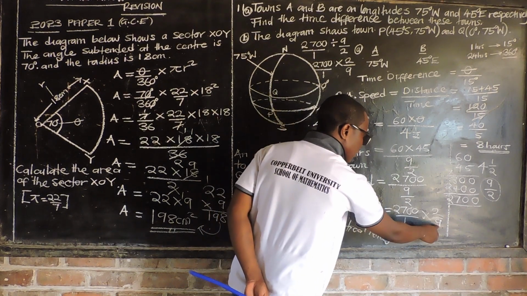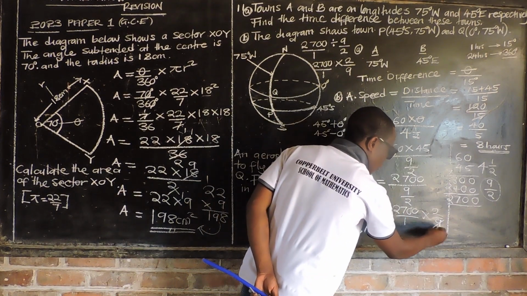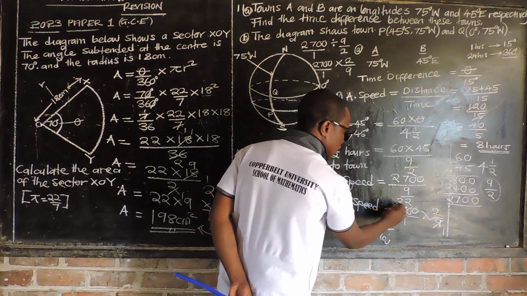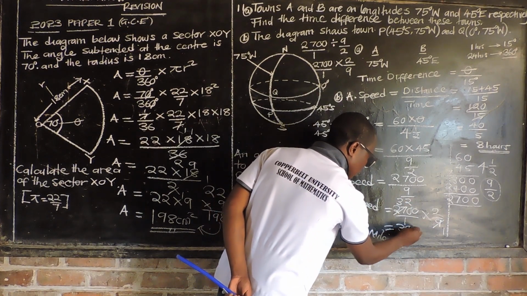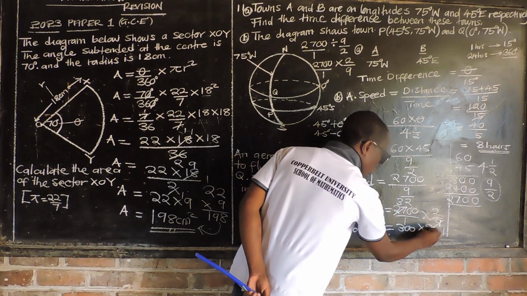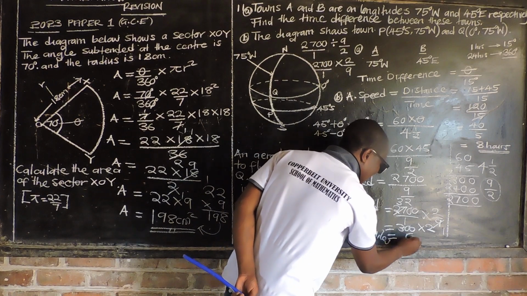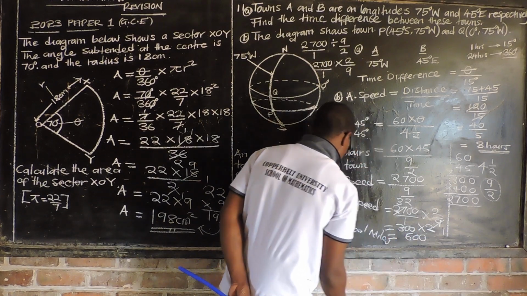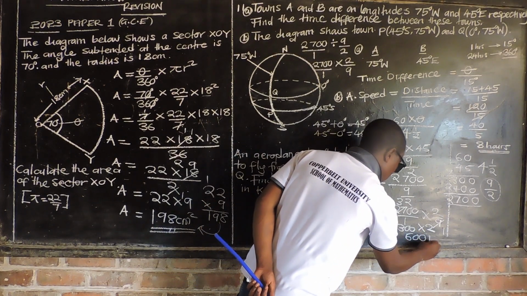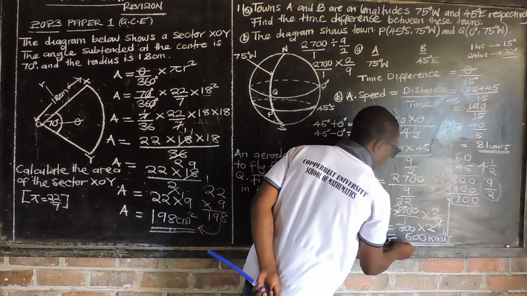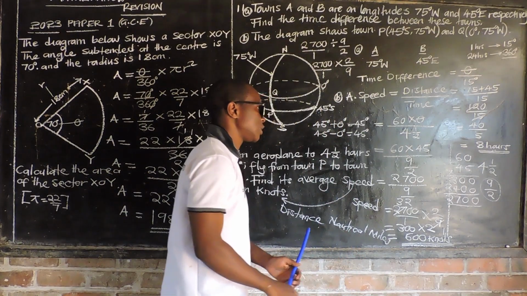We know 9 is a factor of 27, so 9 into 9 is 1, and 9 into 27, we get 3. So this is 300 multiplied by 2. 300 multiplied by 2 gets 600. 600 knots. This is our average speed. So 600 knots is our average speed.